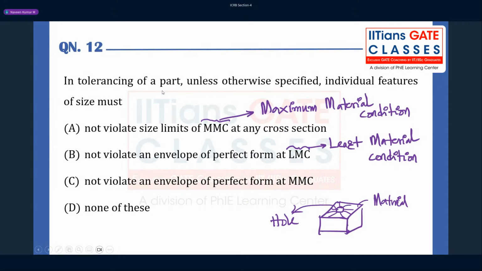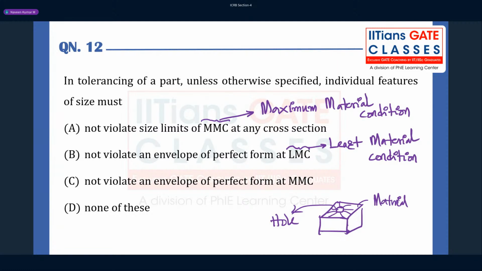In tolerancing, or geometric dimensioning, whatever it is, unless otherwise specified, individual features of size must not violate size limits of MMC at any cross section. They're not saying anything about that, right?